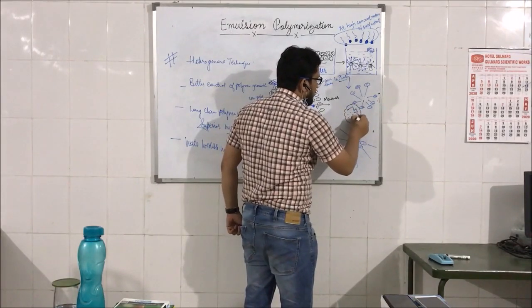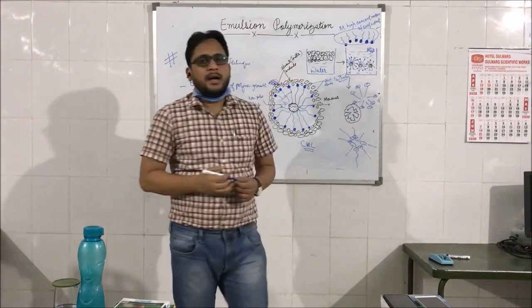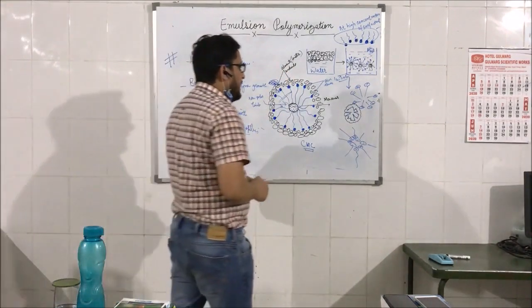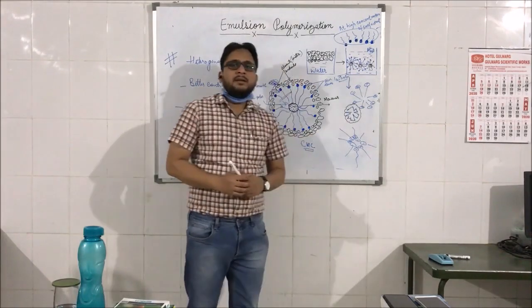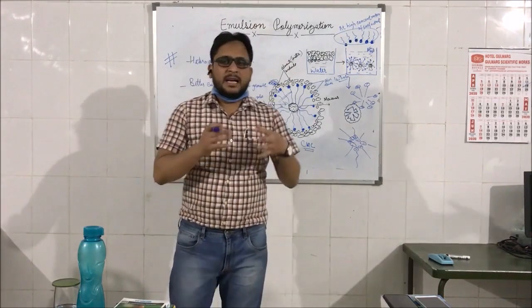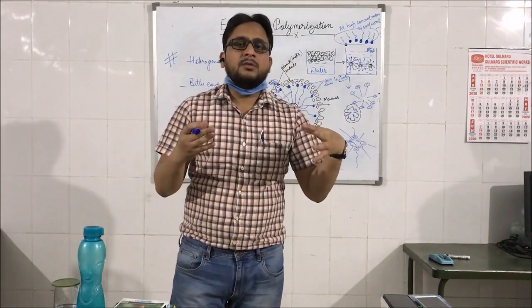and all these monomer molecules get connected to form a long chain polymer. It becomes so big that during this propagation, the size of the micelle gets enlarged due to swelling.